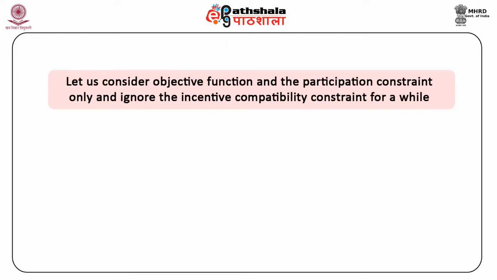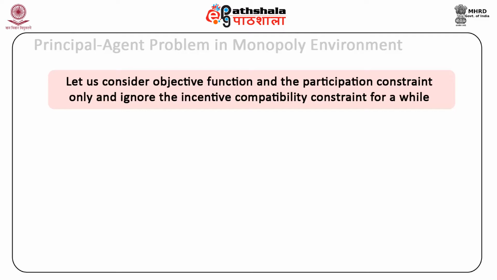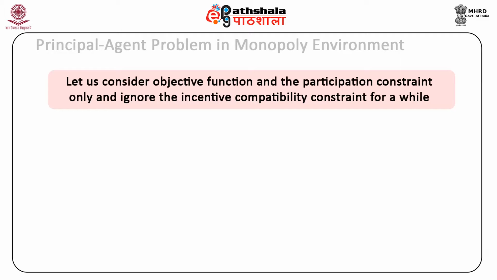Let us consider the objective function and the participation constraint only, and ignore the incentive compatibility constraint for a while. Then S(x) must be as small as possible for any x which the principal wants. This is as per the participation constraint of condition 6.